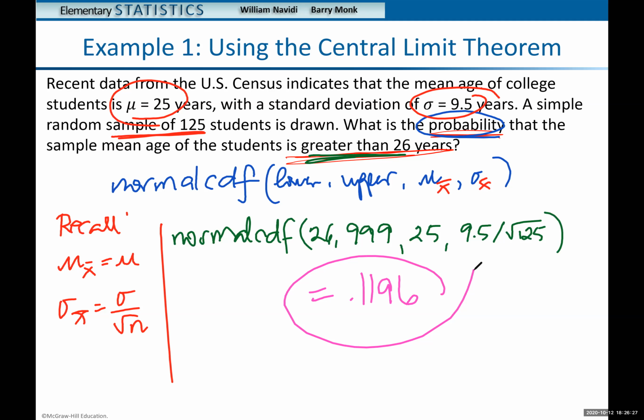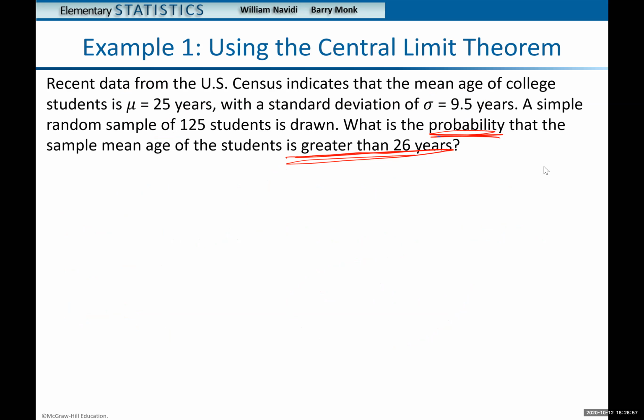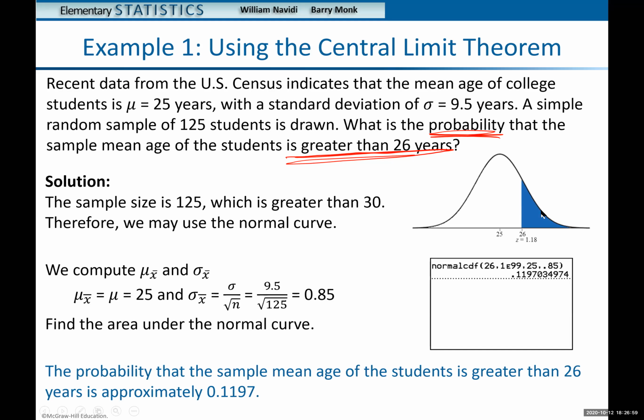Okay. Did you get the same answer? I know Michael, Louise, and Jared got the same answer, 0.1196. And do you have any questions about this? Okay, very good.